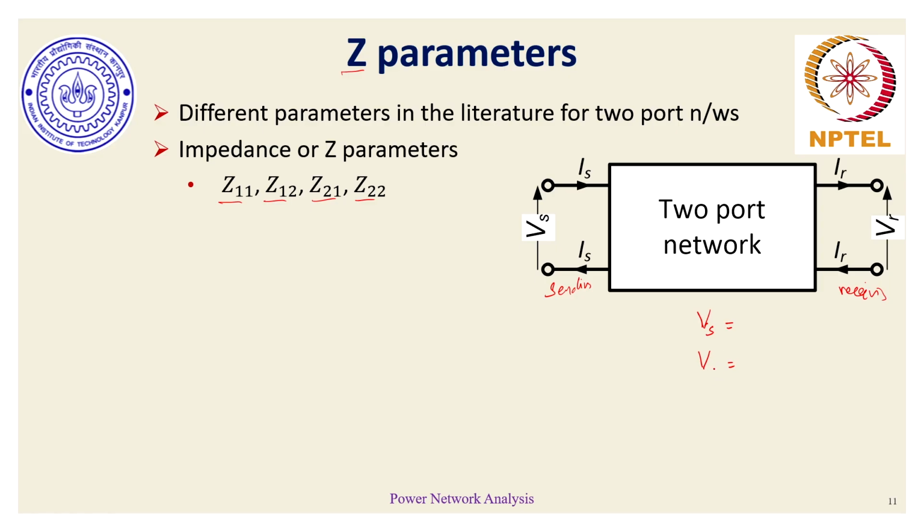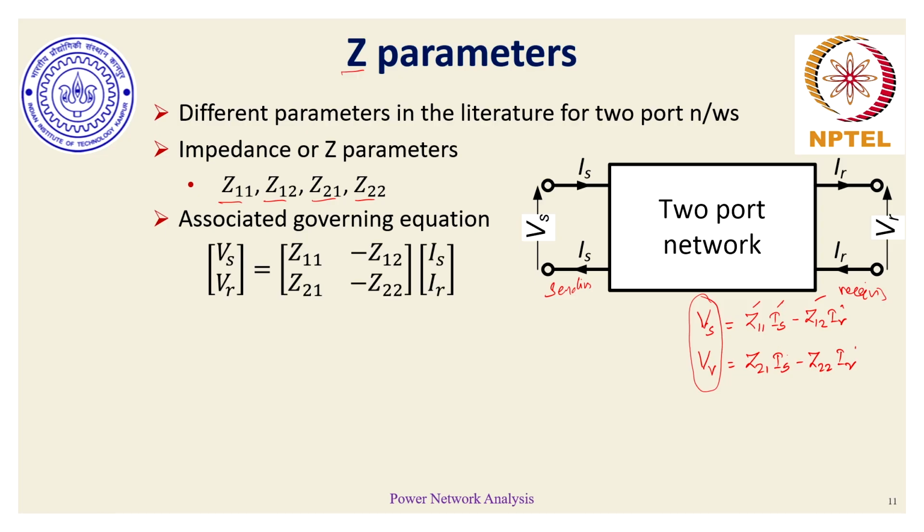In terms of Z parameters, Vs is Z11 into Is minus Z12 into IR, and similarly VR is Z21 into Is minus Z22 into IR. Essentially, we have all voltages on one side, and the corresponding impedances on the other side in product with the corresponding currents. So in matrix form, we can rewrite this equation in this order.